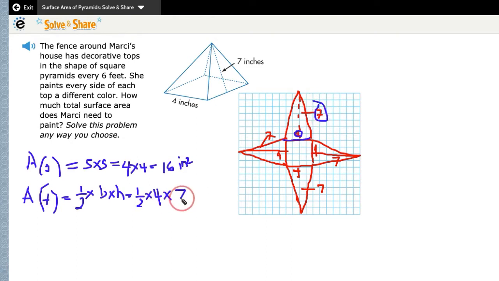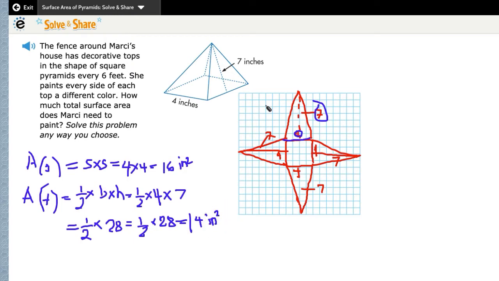So 1/2 times 4 times 7, which is 28. Then 1/2 of 28 is 14. So the area of this triangle is 14 square inches.